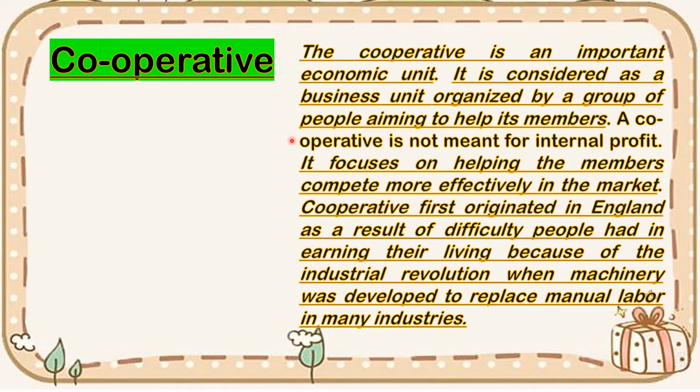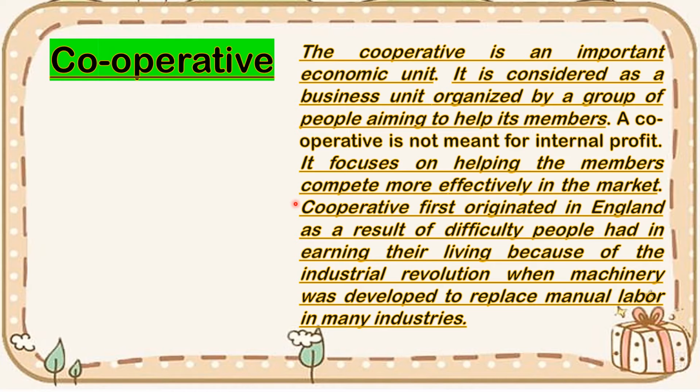A cooperative is not meant for internal profit. So they did not create this to gain profit internally, inside the cooperative, within its members. It focuses on helping the members compete more effectively in the market.